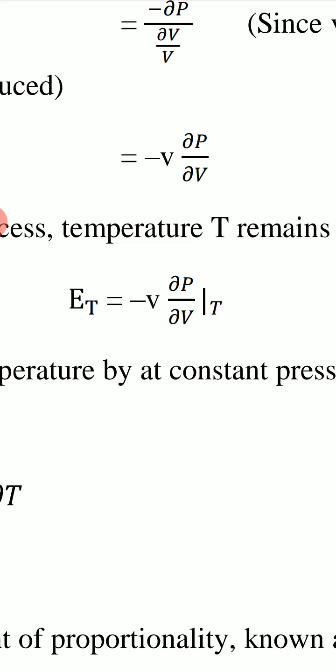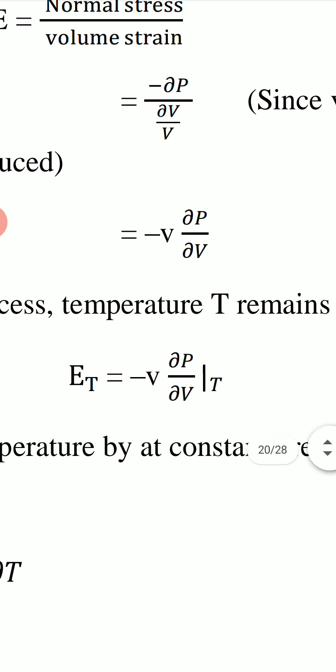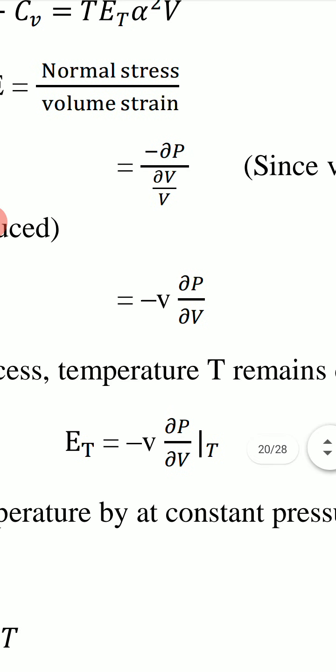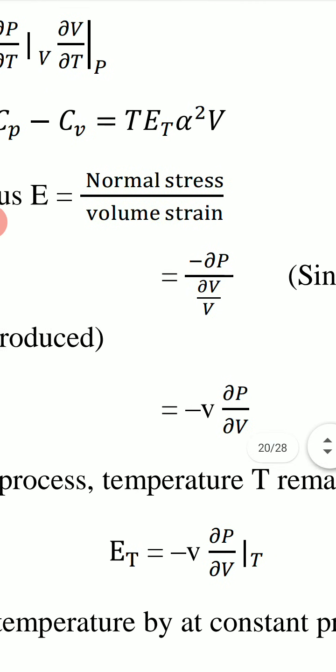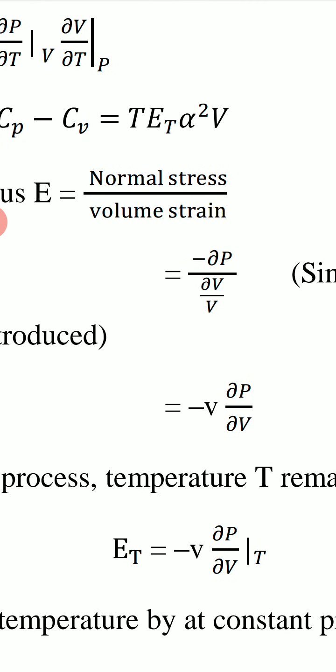So this is the term ET, bulk modulus at constant temperature for isothermal process. And the second term is alpha.